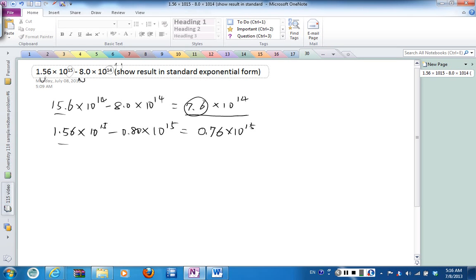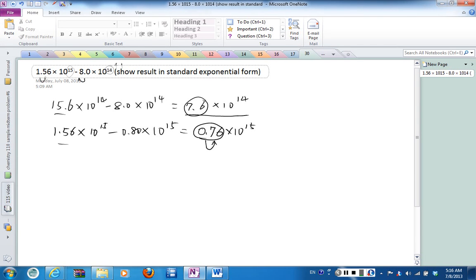It might look different, but think about it. 0.76 is less than 1. This is not standard exponential form. This is not scientific notation. To make it scientific notation, we need to move the decimal 1 place right to get 7.6.